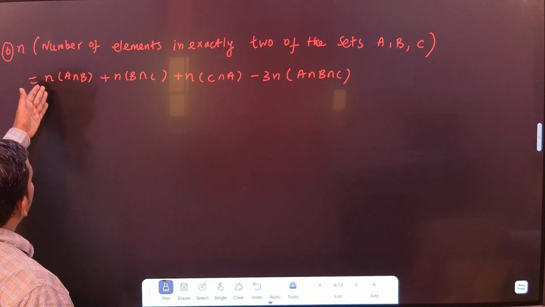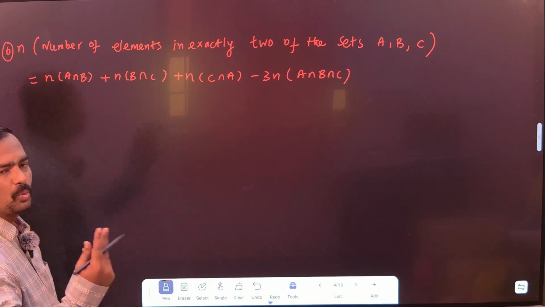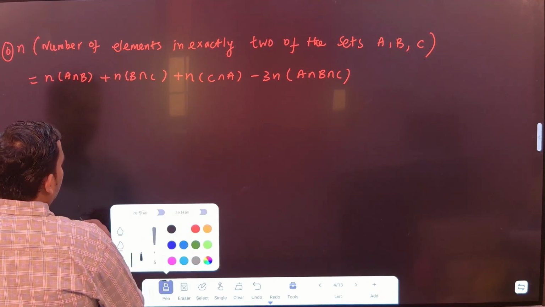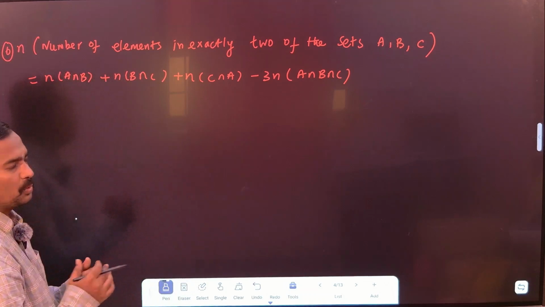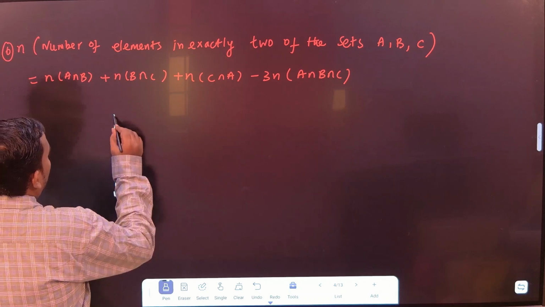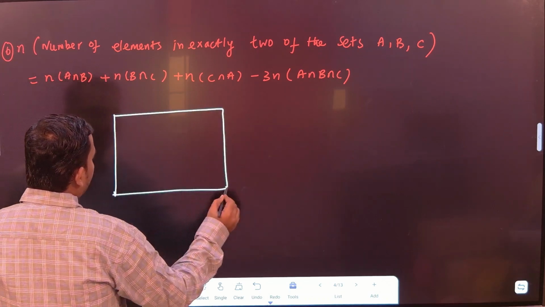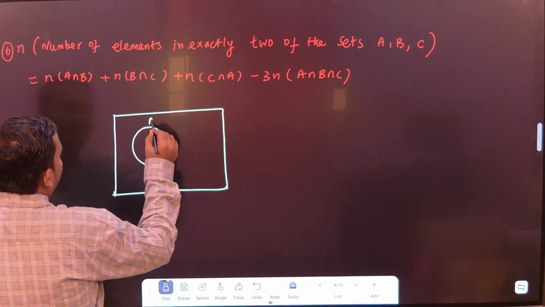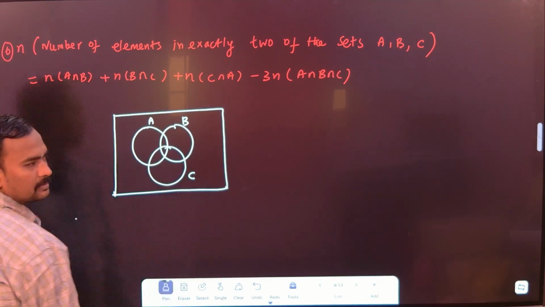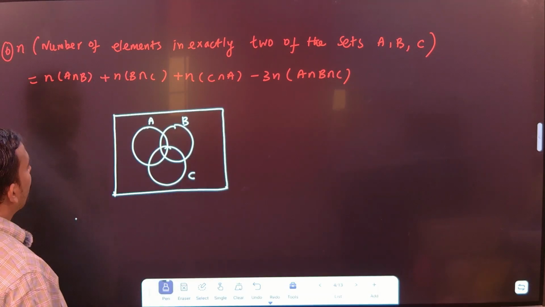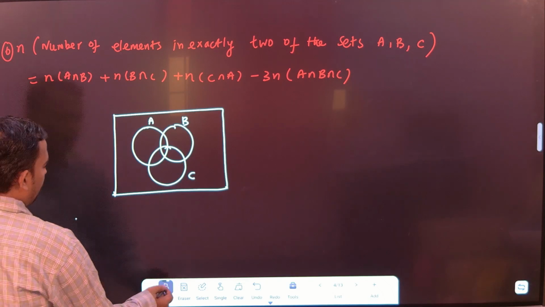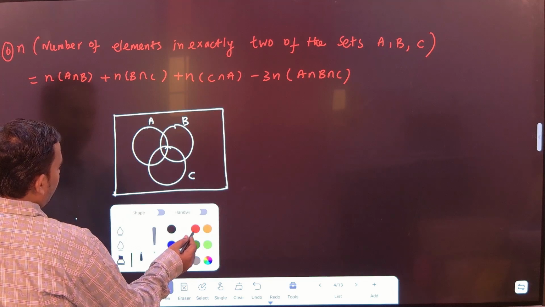Okay, so let me take another one. Second, the number of elements in exactly 2 of the sets. First, you have to understand it through the Venn diagram. Suppose this is A, this is your B, and this is C. Exactly 2 of the sets means which portion is covered here?